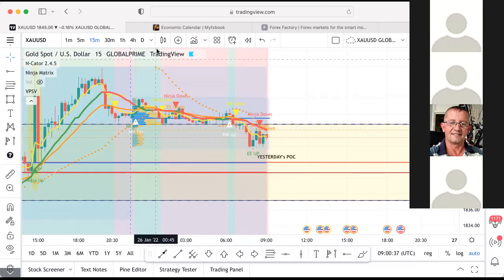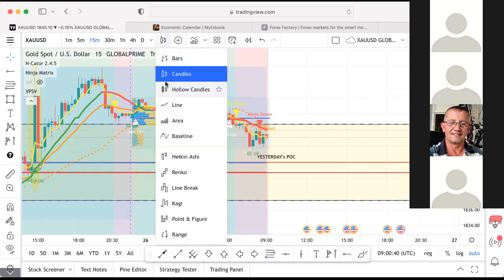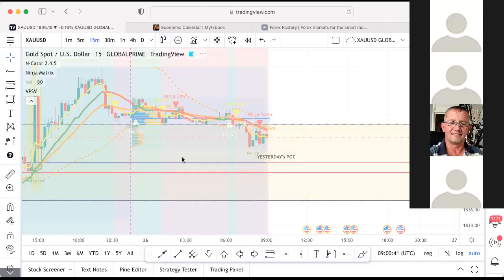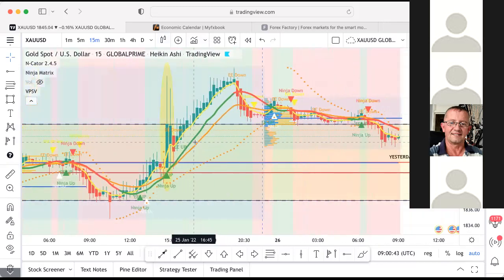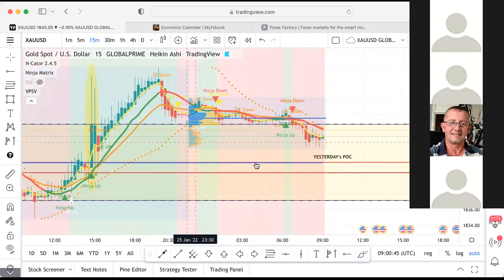At this stage, I would change to Heikin Ashi candles, because the Ninjacator was designed to work with Heikin Ashi. So you can see that that's altered the chart slightly. That's actually confirmed that there was a Ninja down at the same time as the Ninja matrix.